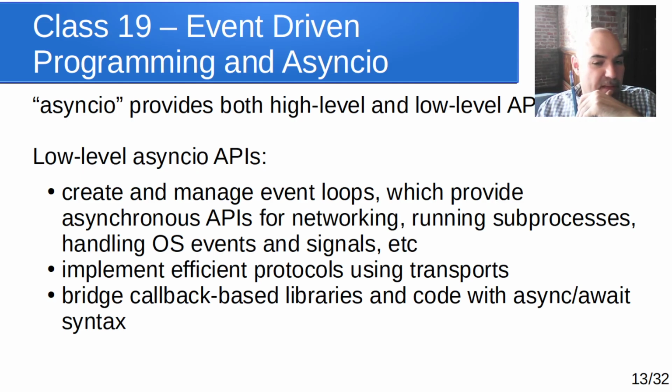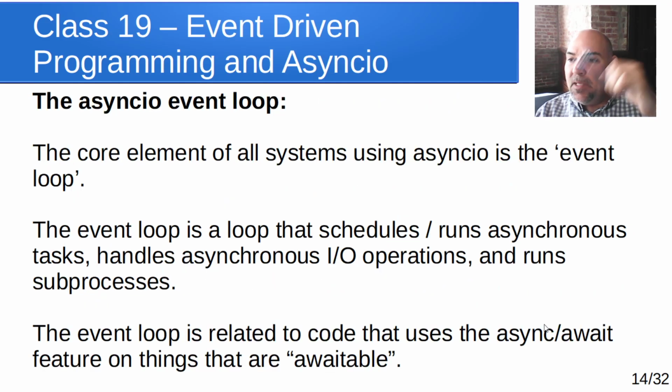There are also callback-based libraries in there, and it allows us to bridge between callback-based libraries and code that uses the async and await syntax. This will make more sense in a second when we take a closer look at it.